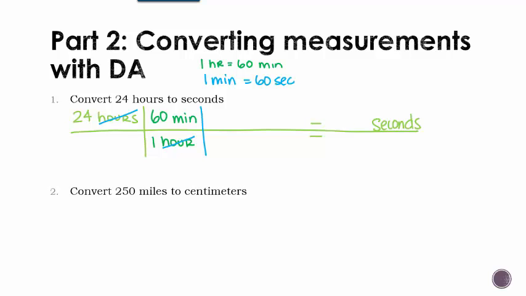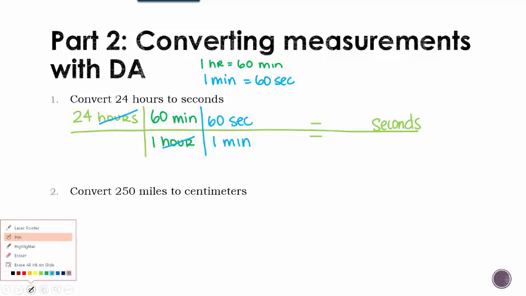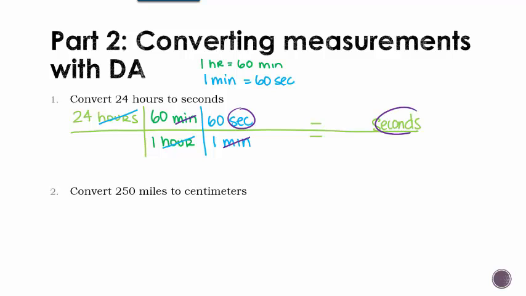And then we have to stop and think how we want to write this. Remember, we want these minutes here to cross off, so I'm going to put minutes on the bottom and 60 seconds on the top. And now our units of minutes cross off, and we're left with units of seconds, which is what we want.